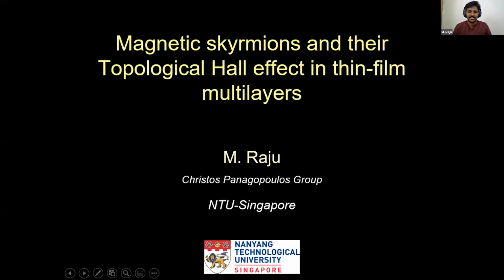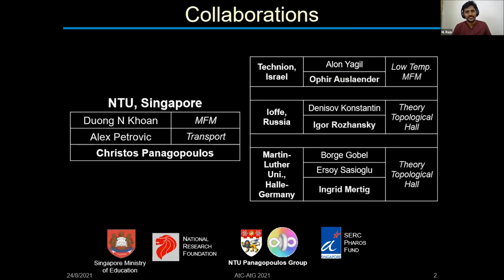So the work I'm presenting today is on magnetic skyrmions in multilayer thin films and their electrical signatures, especially the topological Hall effect. The work was done with Professor Christos Panagopoulos's group at NTU Singapore. As I said, right now I'm out of that group, so there are significant contributions from my colleagues within the group and also collaborators.